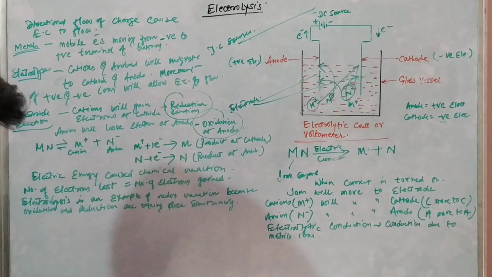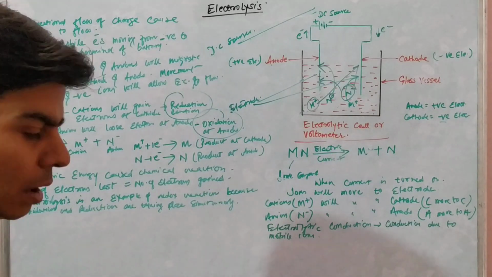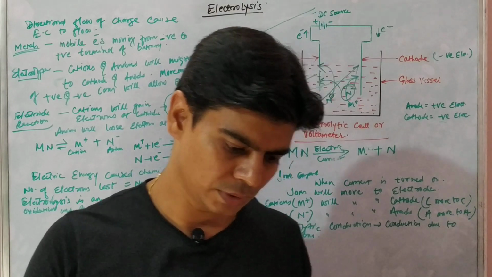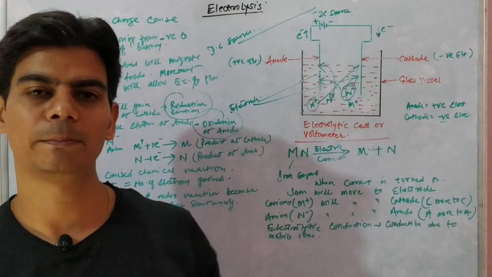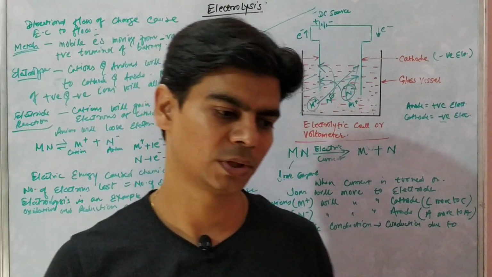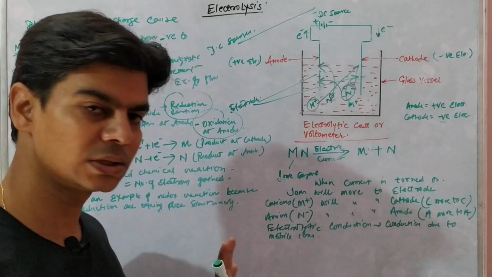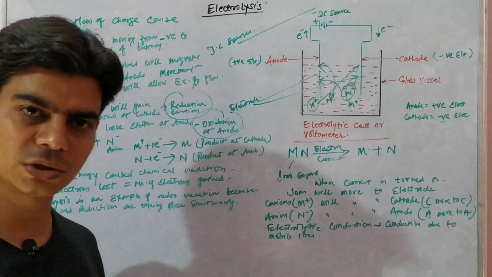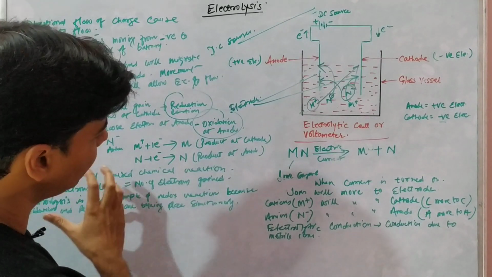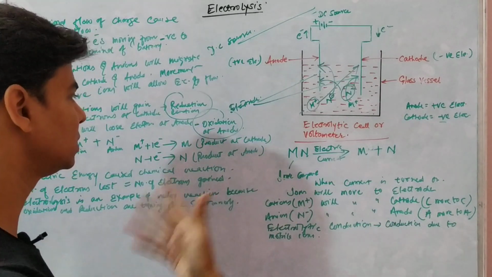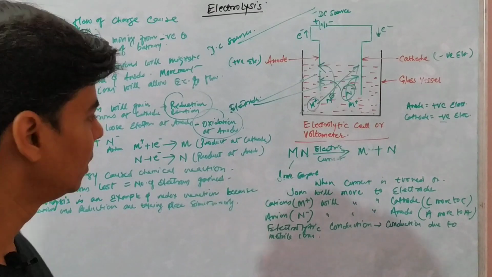In this electrolysis, right? This question has been asked many times: electrolysis is an example of redox reaction. Why? Because oxidation is occurring at the anode and reduction is occurring at the cathode.